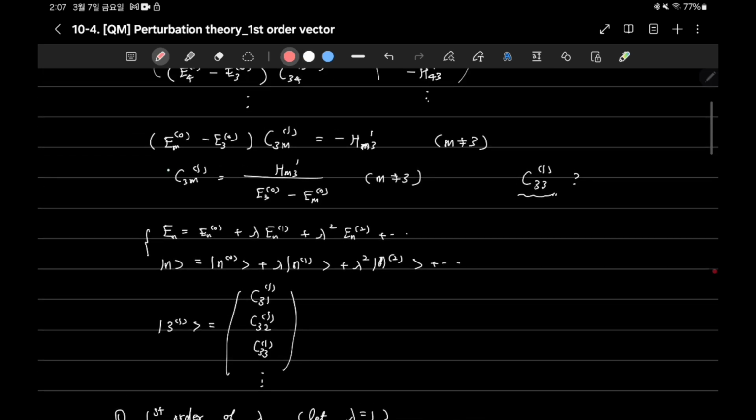because we should remember that the CM first order correction is like this. In the C33 state, C33 first order equal to 0.